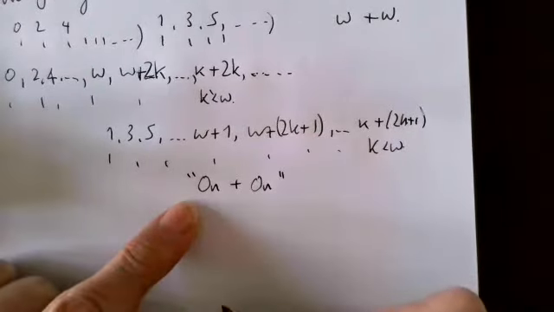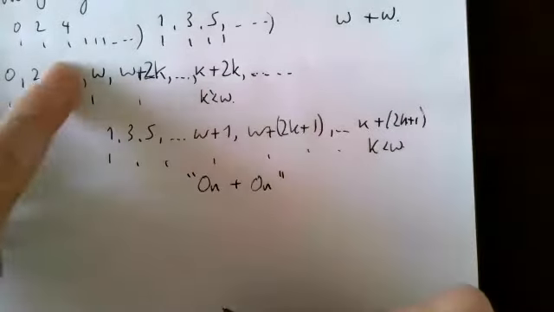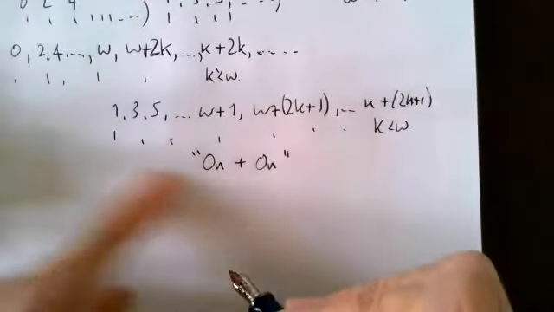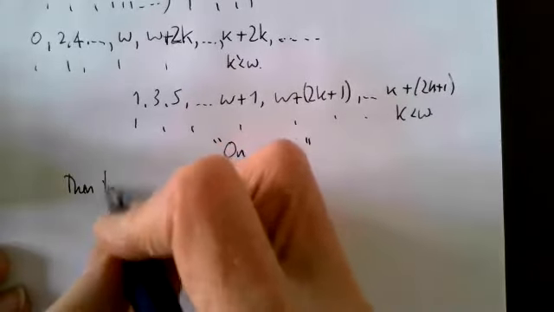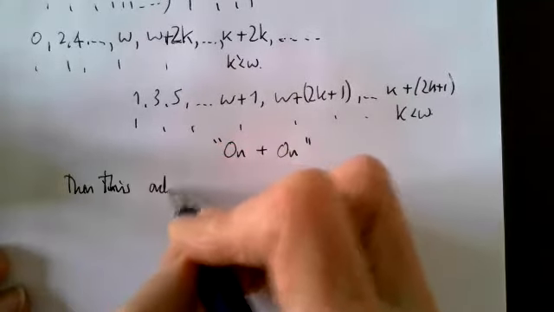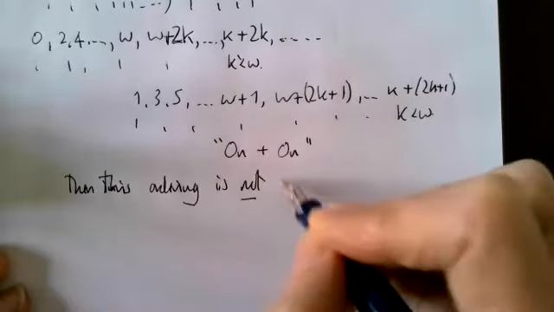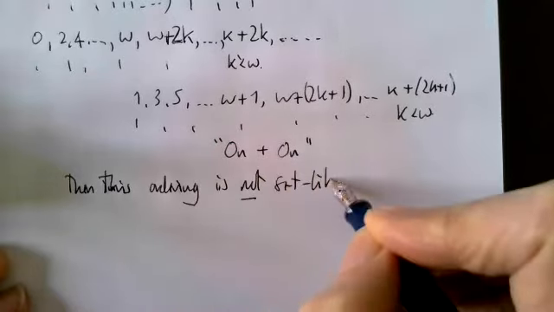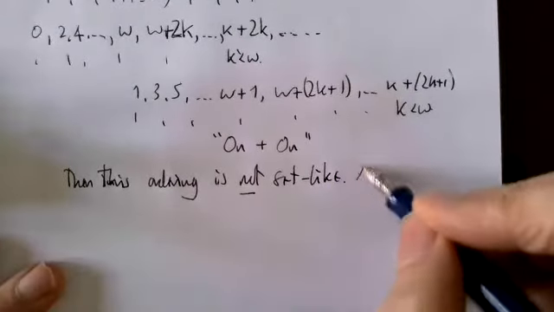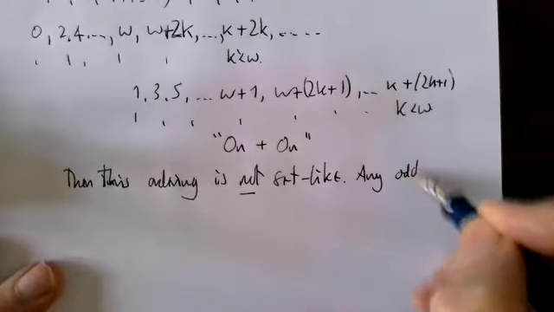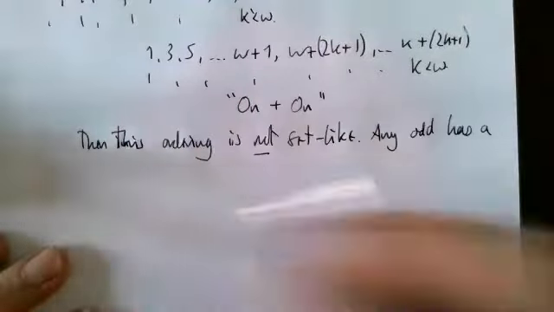So this ordering is not set-like, because there's a proper class of even ordinals beneath 1 in this ordering. Any odd has a proper class of earlier elements.